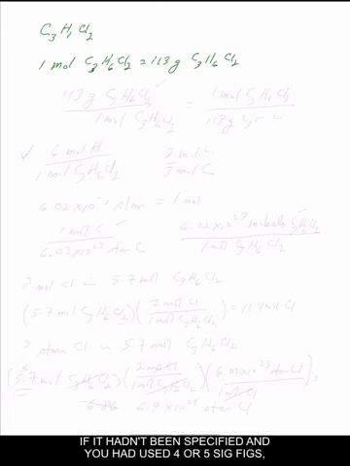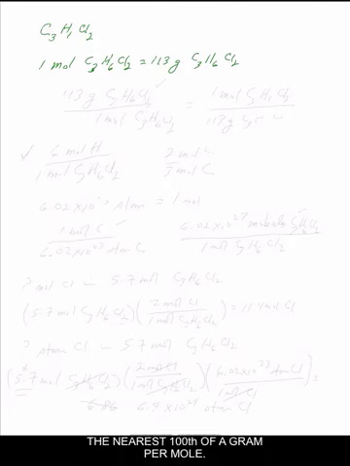If it hadn't been specified and you had used 4 or 5 sig figs, added up this molar mass out to say the nearest hundredth of a gram per mole, that would be okay too.